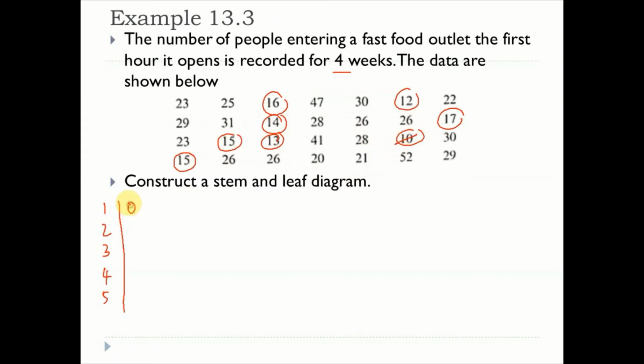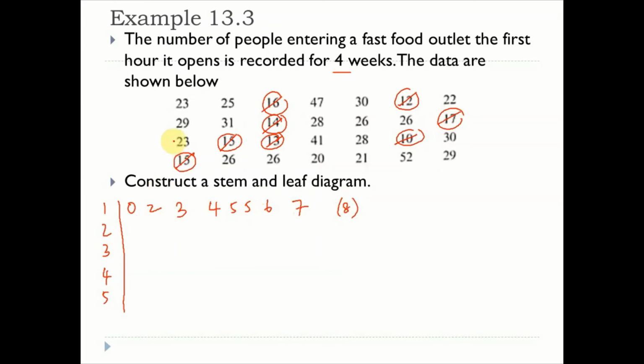Yes, so kita letak 0, and then ada 2, letak 2, and then 3, letak 3, and then ada 4, letak 4, and then ada 5, 5. And then ada 6, and then ada 7. Okay, and then kira berapa banyak nombor? 1, 2, 3, 4, 5, 6, 7, 8.